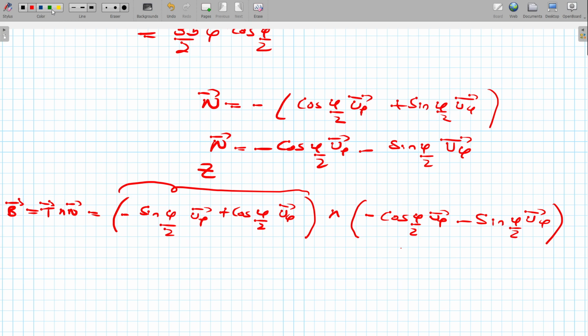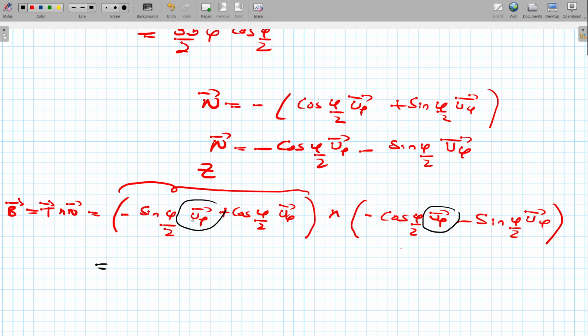So we have to take the vector product of this entire thing with the first item. Now look, this is u rho and this is u rho, so if I take the vector product, it's going to be 0.